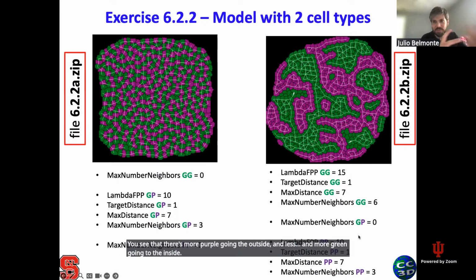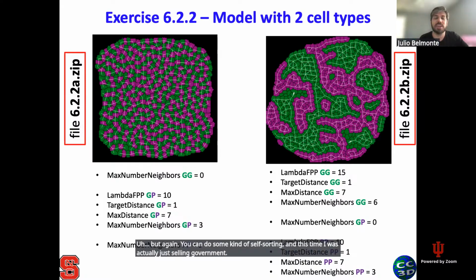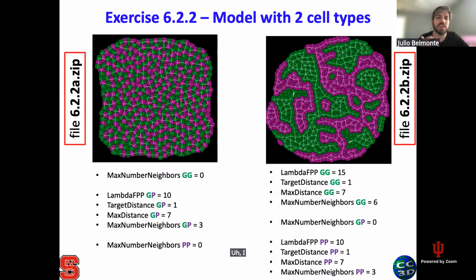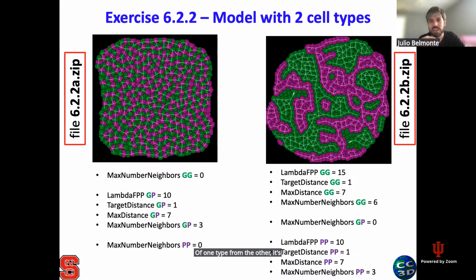Again, you can do some kind of cell sorting, and this time I was actually doing cell engulfment. I got a little bit, but not that much. When you're trying to reproduce cell sorting or engulfment of one cell type by another, it's better to use cell adhesion. Cell links only get you so far.